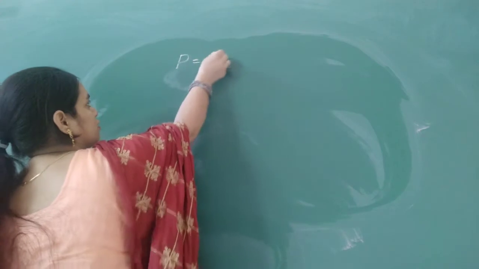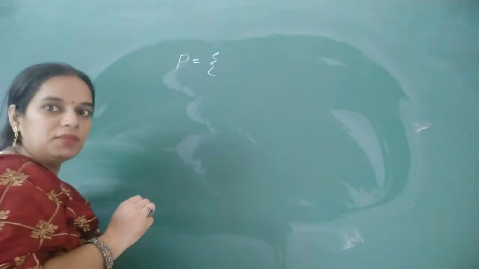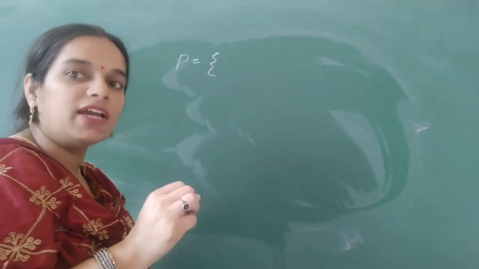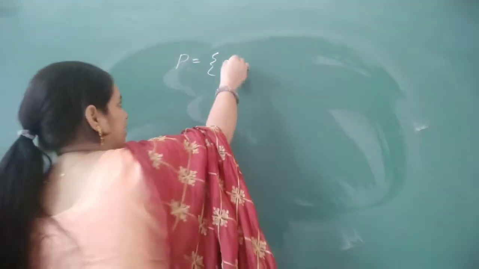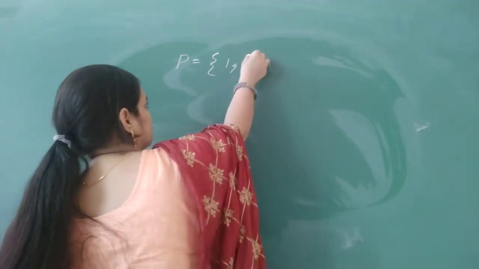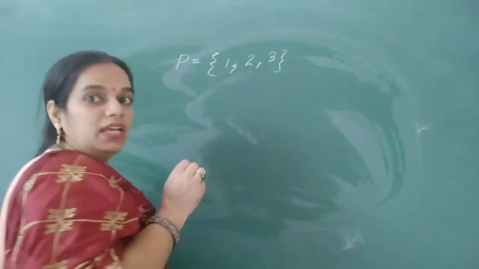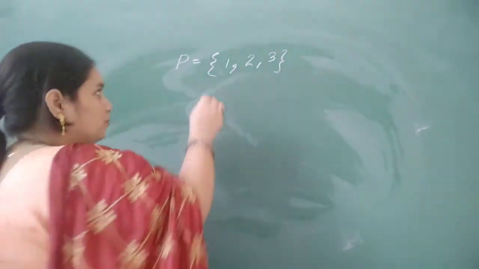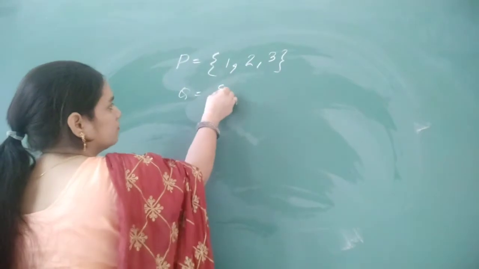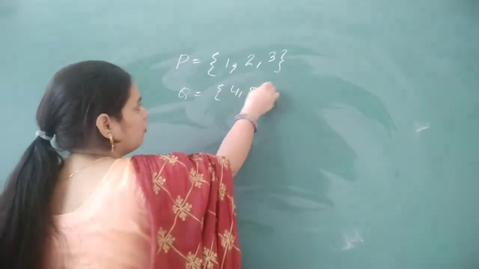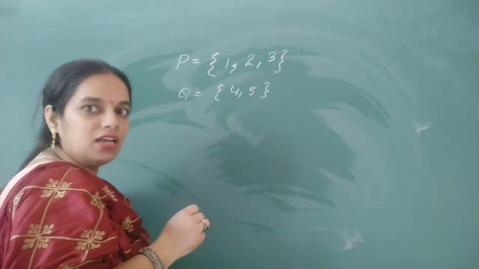Let us take set P with elements 1, 2, 3, and in the set Q I am taking 4 and 5 as the elements.